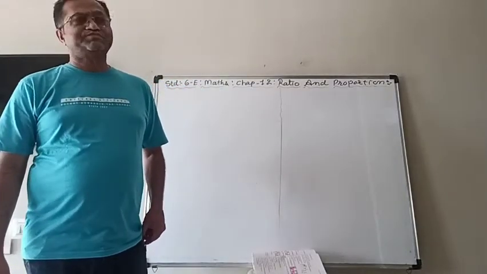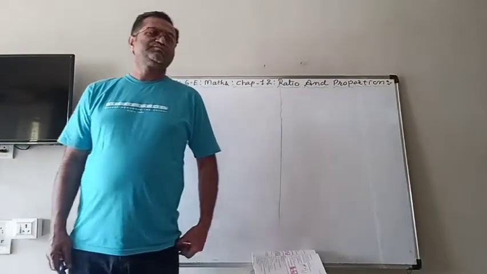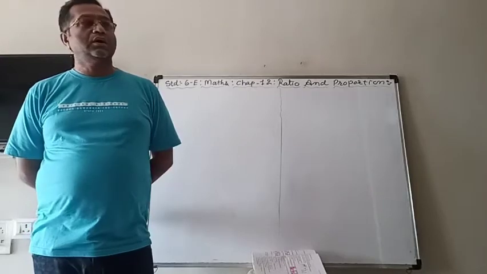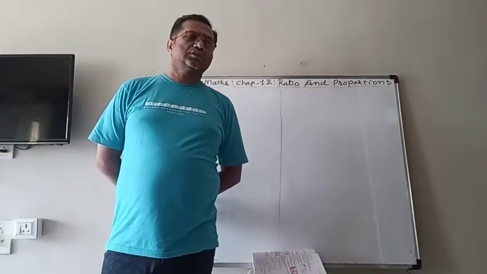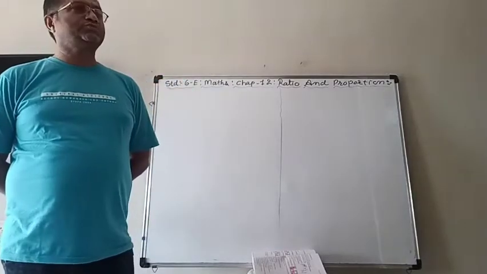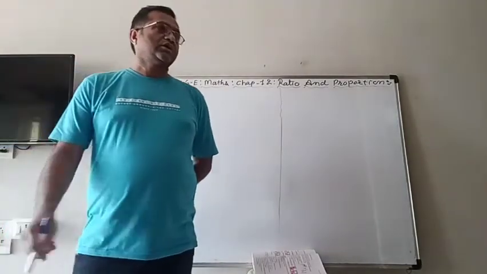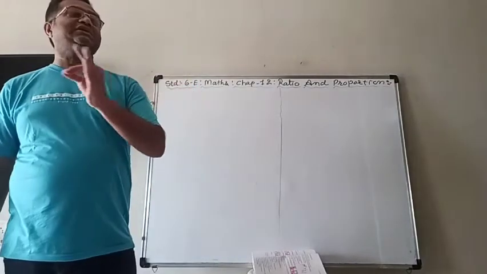Now, in the last sessions, we learned about the ratio. We know that the ratio is a comparison of two quantities by division, so that the comparison is by how many times.